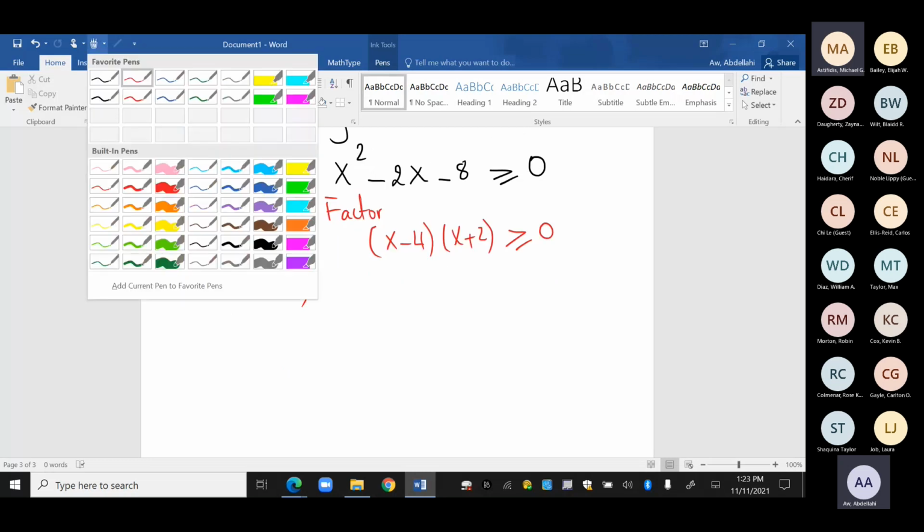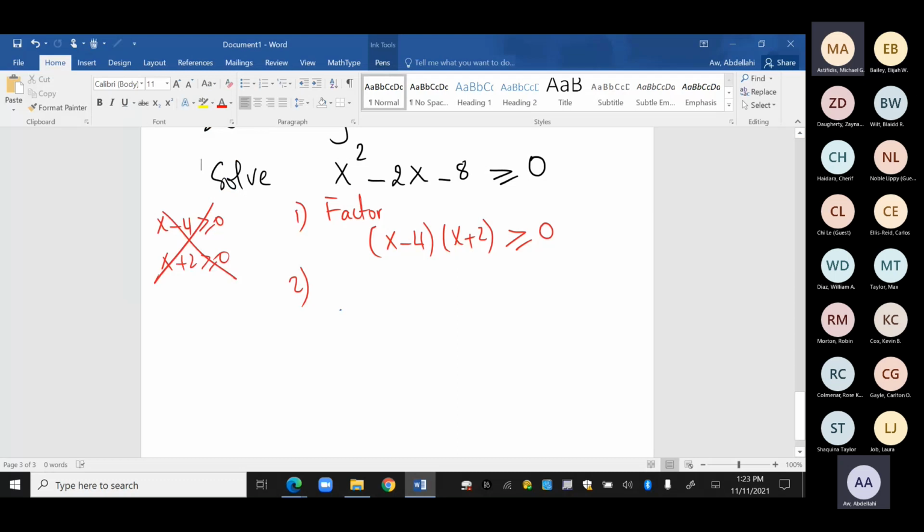But here's the only thing: we don't need the graph itself. We just need to figure out what the signs are. We're going to put the zeros here. What are the two zeros? +4 and -2, and both of them are cross points.